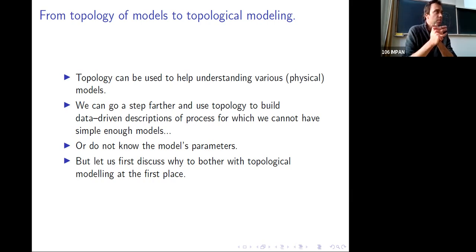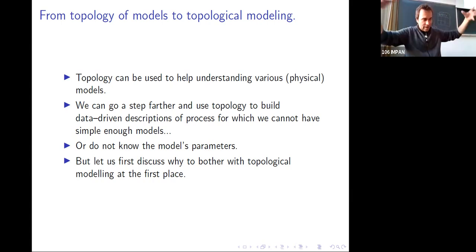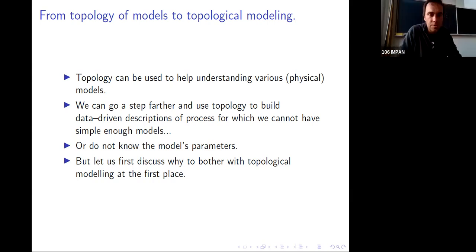In physics, it's quite easy because there are basic principles. For instance, the gravitational attraction between two bodies is proportional to the product of masses and inversely proportional to the square of the distance between them. That's easy.